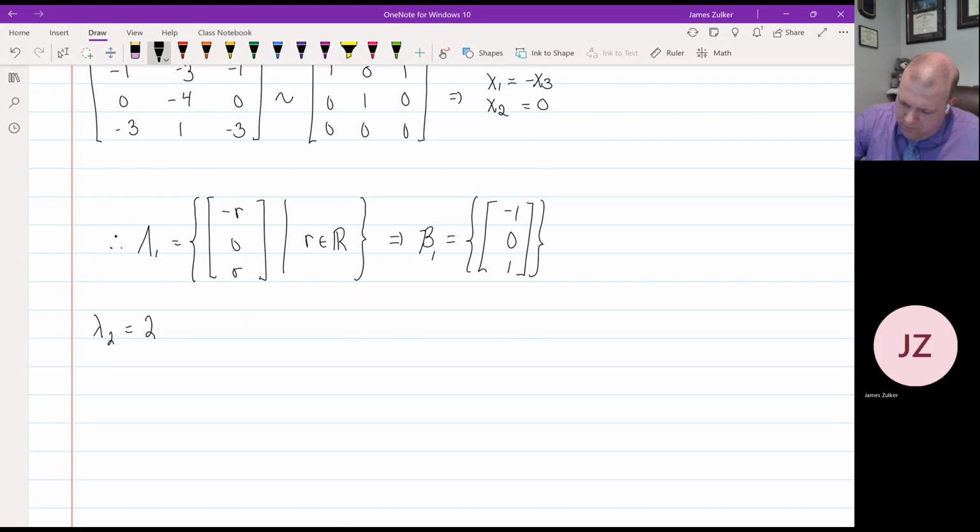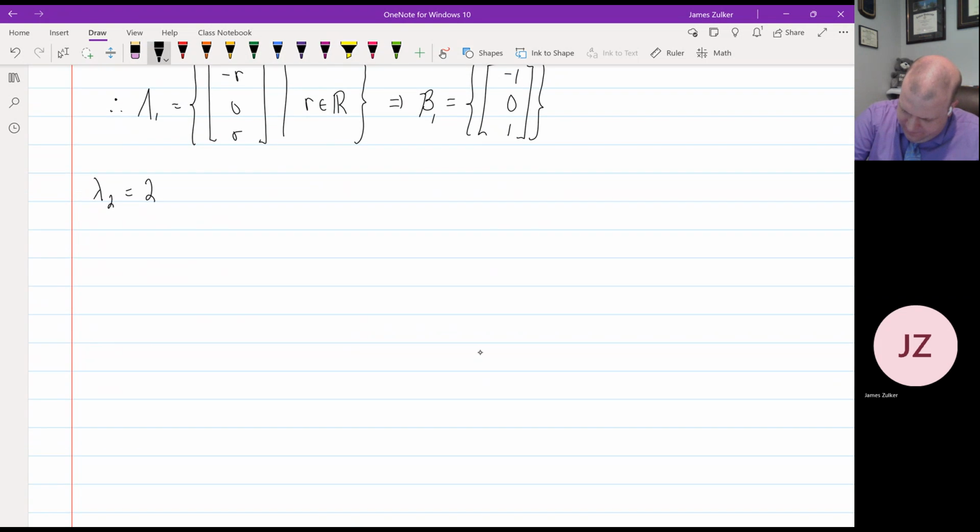So now for 2. In order for us to be able to diagonalize this matrix, we better be able to get 2 linearly independent eigenvectors out of this, meaning the dimension of this eigenspace had better be 2. This will reduce.